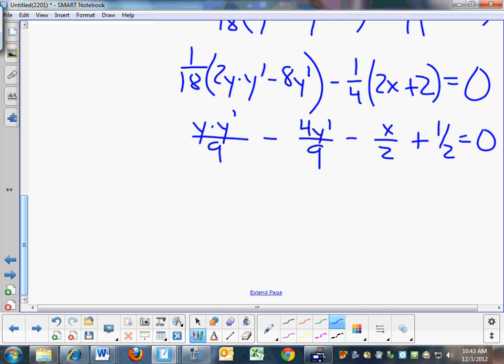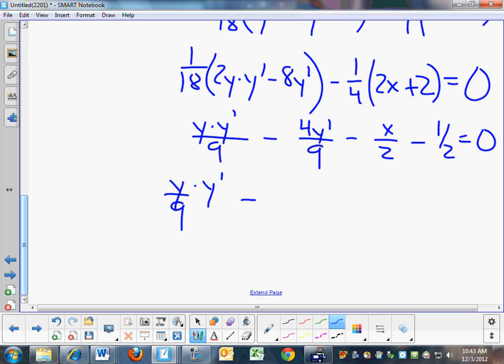I need to make sure I have all my y primes on one side, correct? Oh, yep, thank you. So we gather those other terms on the other side. I have y times y prime over 9. It doesn't matter, it's multiplication.